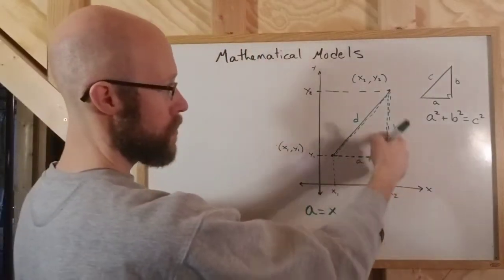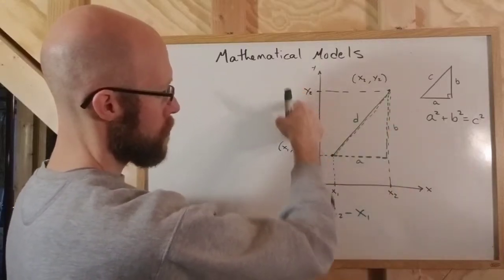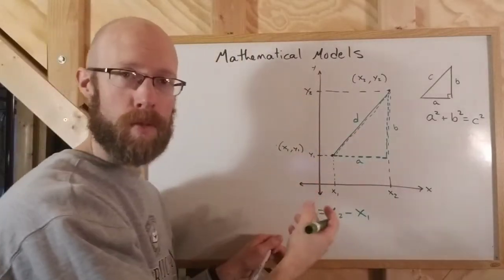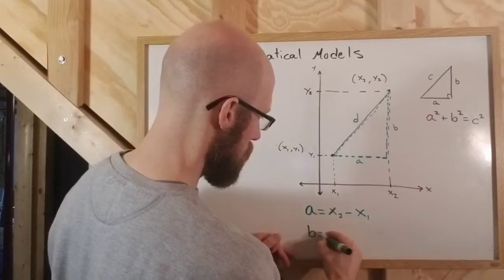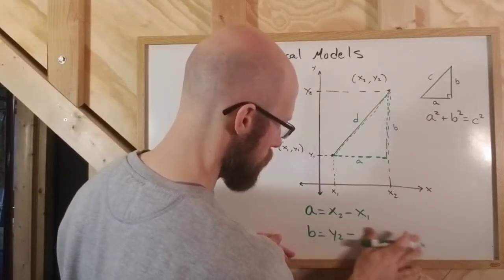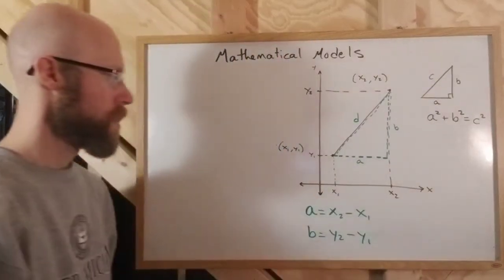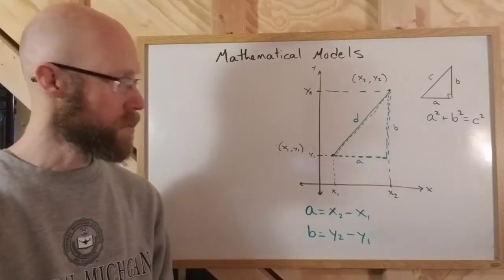Similar for B. The length of B is the end point minus the initial point, so y2 minus y1. The difference between the two gives you their distance apart. So B equals y2 minus y1. So there's my 2 side lengths.